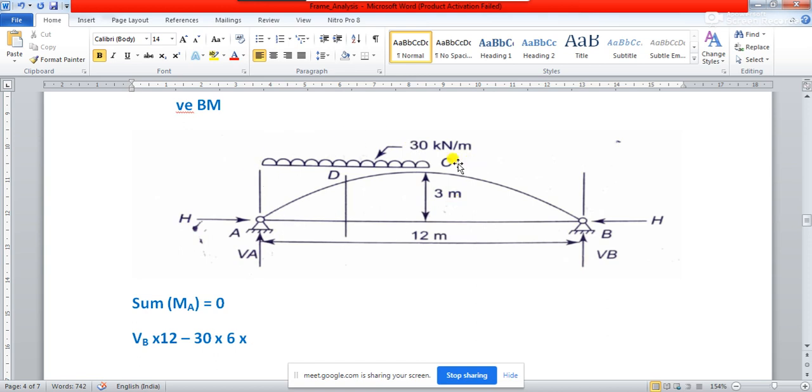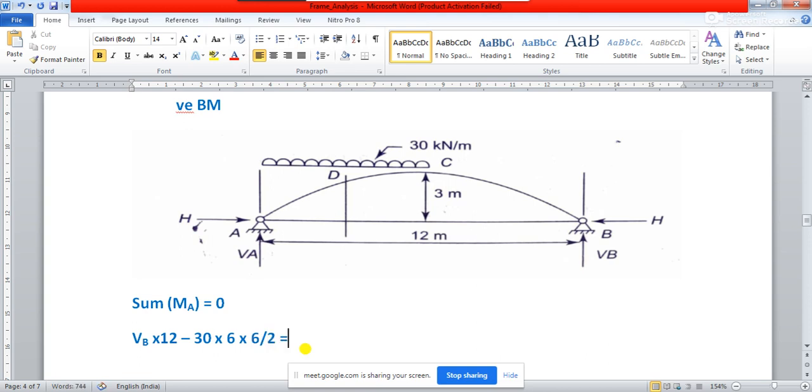You calculate the total load and assume the equivalent total load is acting at the middle of the load, and then you take the moment. So the distance will be 6 by 2.